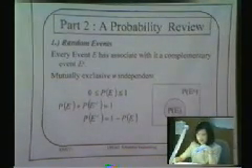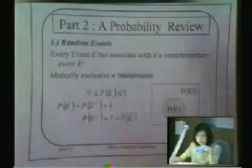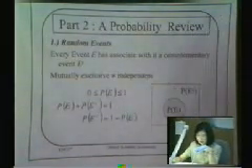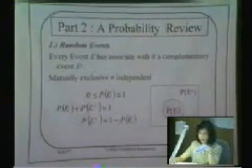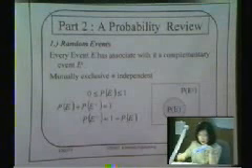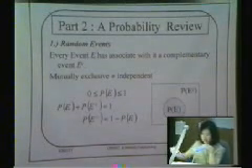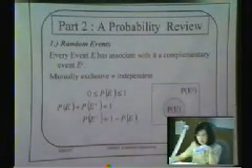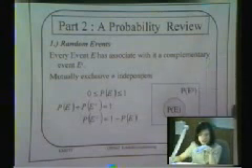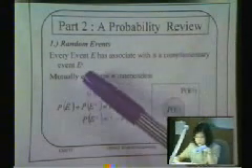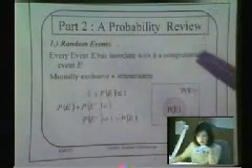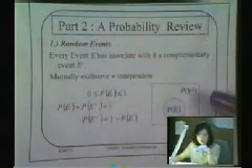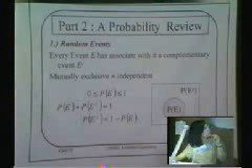Okay, so let's see what we need to know about probability. Random event. Event E, and the complement of the event, which we write as E^C, where C stands for complement of the event.